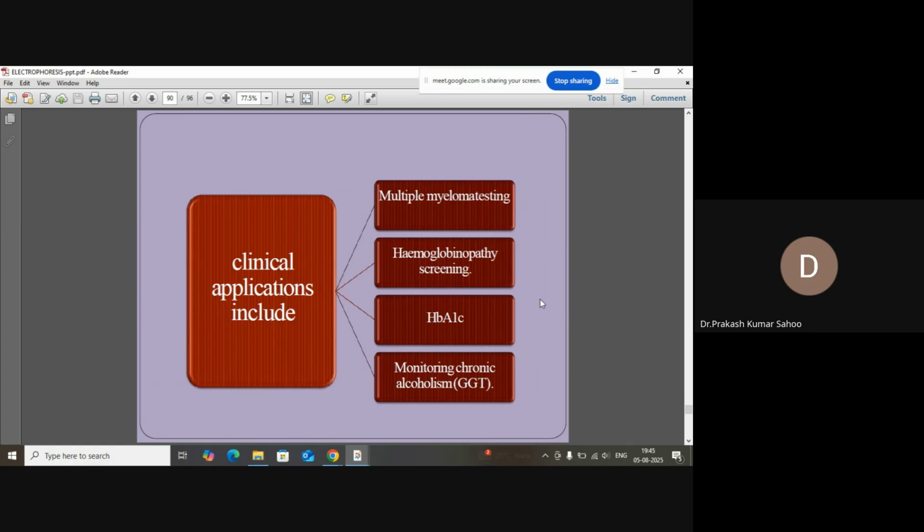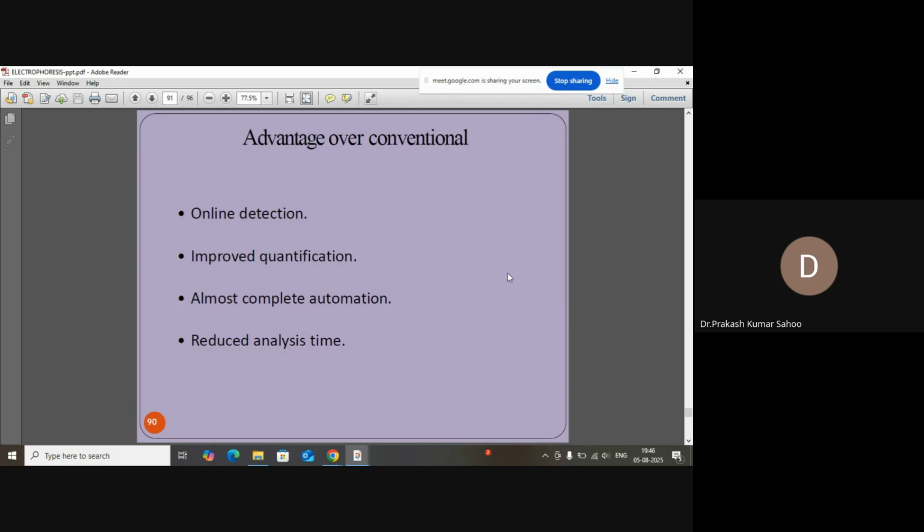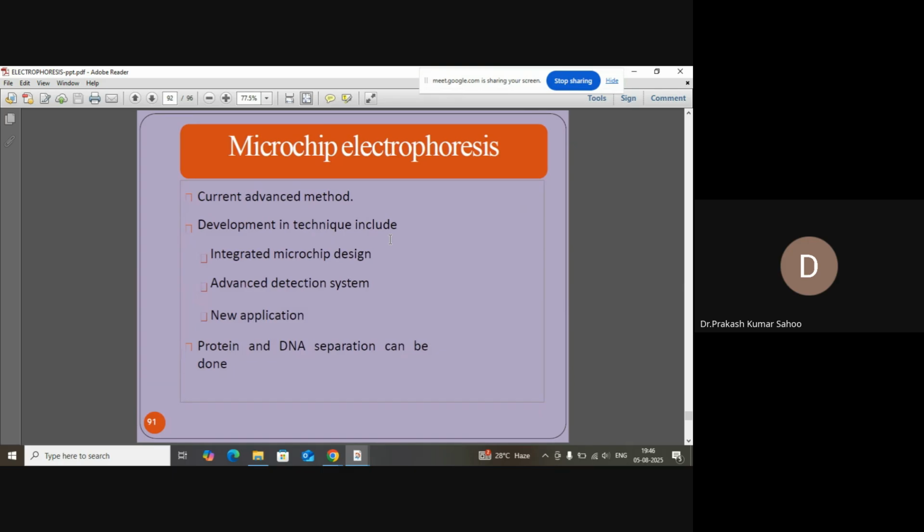Then we have the advantages over conventional methods. It has online detection, improved quantification, almost complete automation, reduced analysis time.